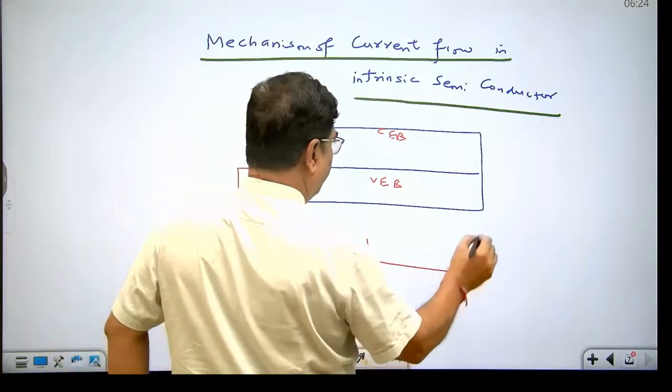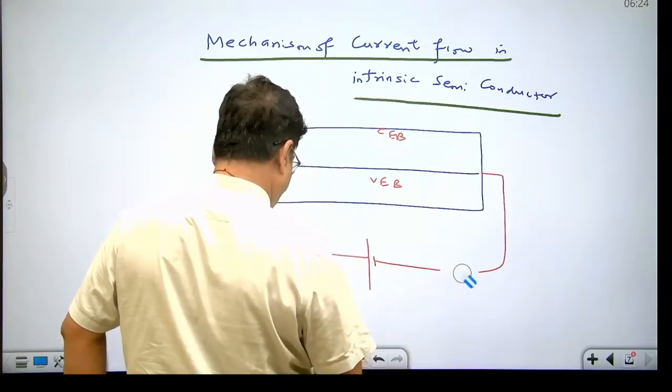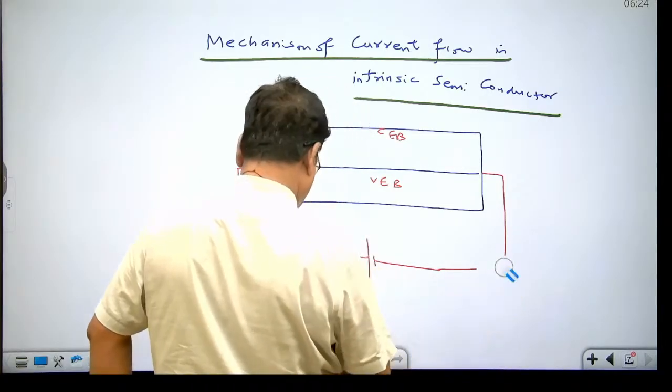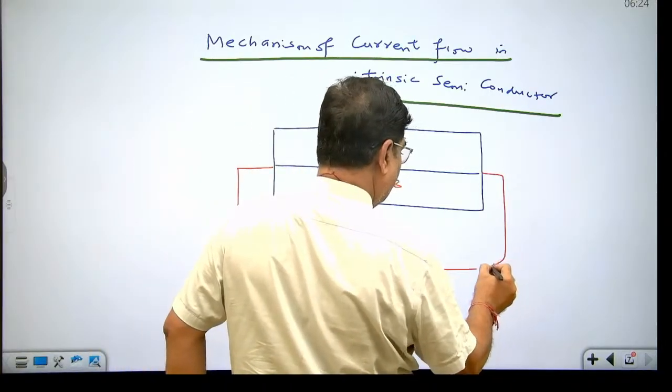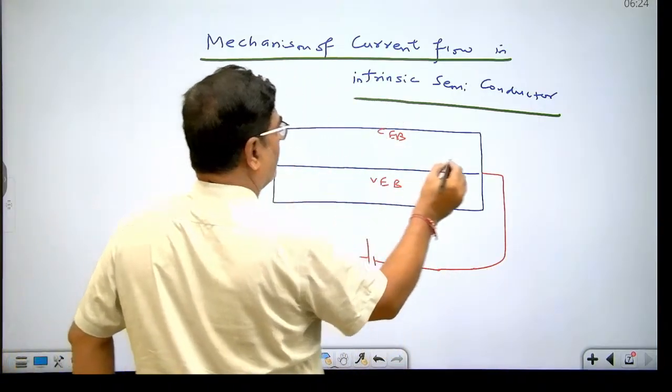This is external potential difference. In the presence of external potential difference, this is high potential and this is low potential.